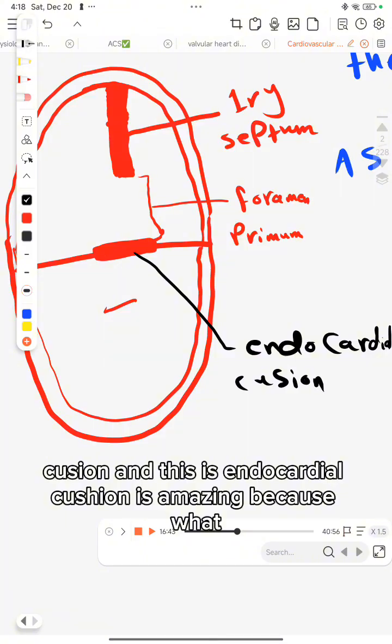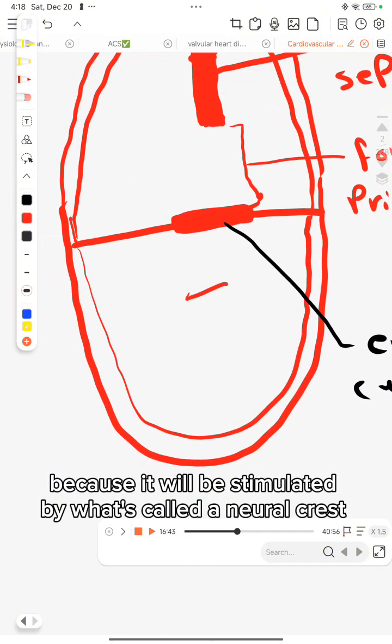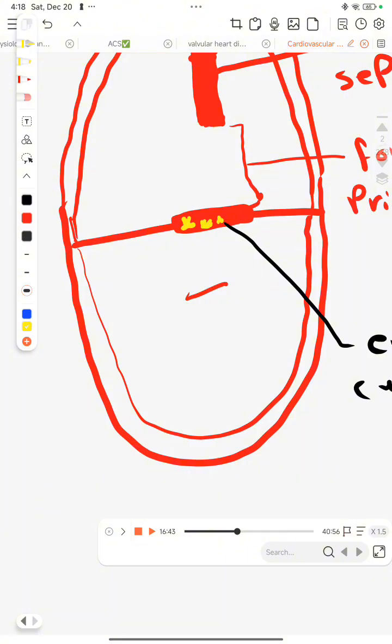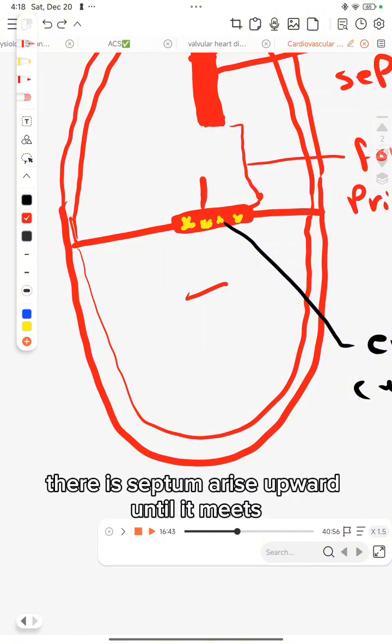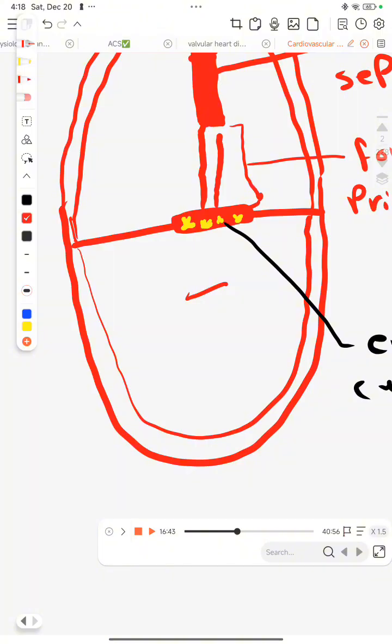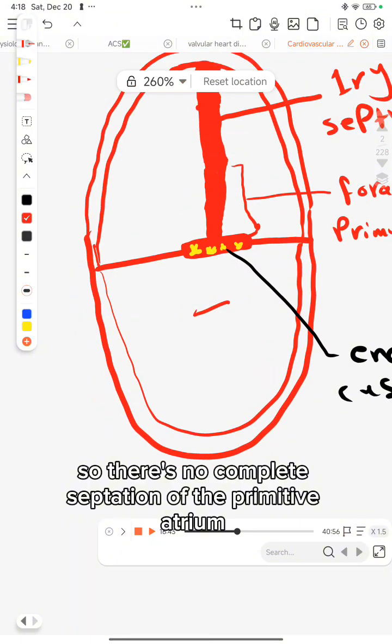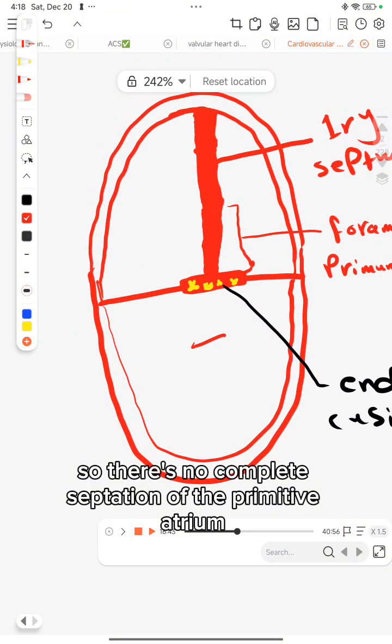And this endocardial cushion is amazing because it will be stimulated by what's called the neural crest. And when it's stimulated, a septum arises upward until it meets the septum primum. So there is now complete septation of the primitive atrium.